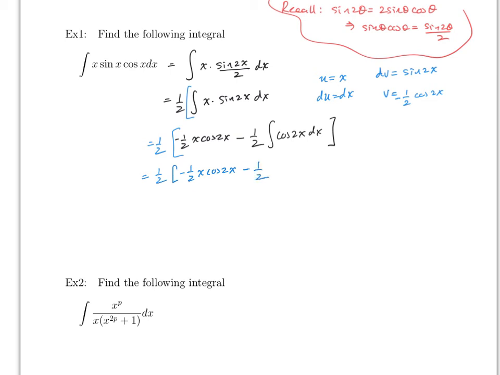Now the integral of cosine 2x is 1/2 sine 2x, and all of this plus c. So then if you distribute the 1/2, it will give you minus 1/4 x cosine 2x minus 1/8 sine 2x plus c. And that's it.